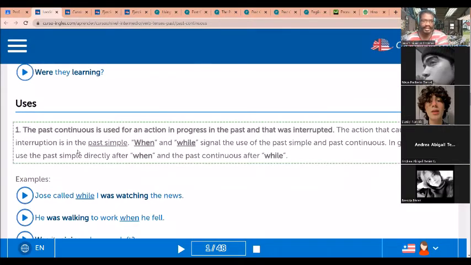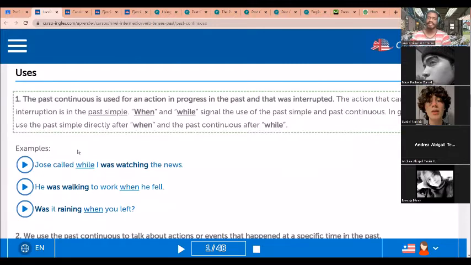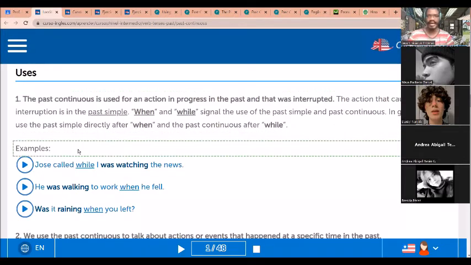Daniel, Nava, let's start with the uses and some examples of the past continuous. The past continuous is used for an action in progress in the past and that was interrupted. The action that caused the interruption is in the past simple.